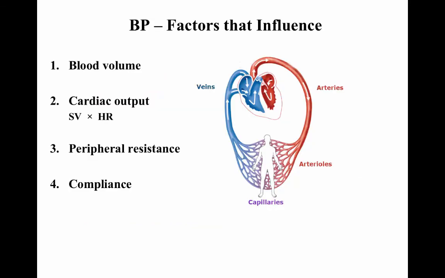Factors that influence blood pressure: blood volume is important, cardiac output is key, peripheral resistance, that resistance within the vessels, and then compliance, or the ability for the vessels to be somewhat flexible. These are all going to be factors that influence blood pressure.